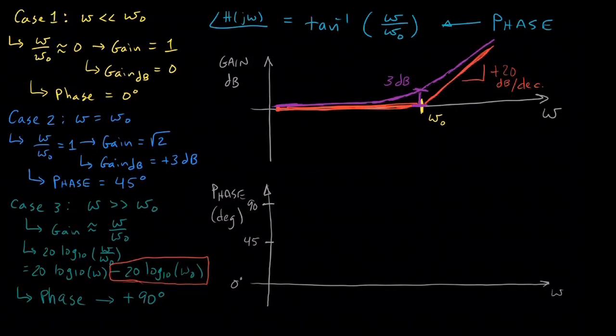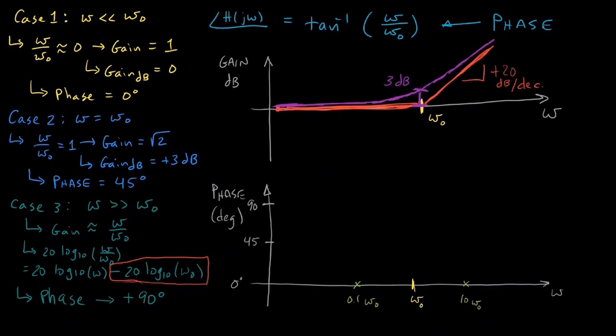Again, this is our log omega logarithmic frequency scale. I'm also going to mark omega naught on our axis, and then a mark at 10 omega naught and a mark at 0.1 omega naught. So 10 times omega naught and 1/10 of omega naught. And I better label omega naught here.